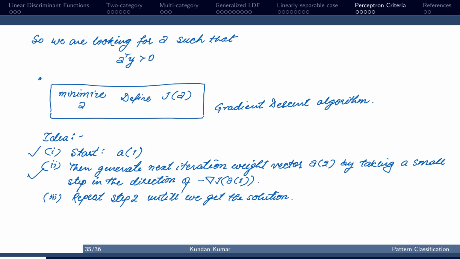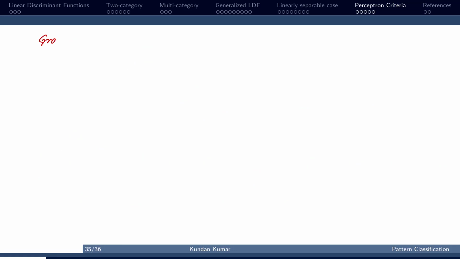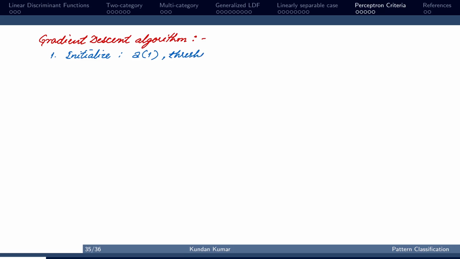Okay, but how will this weight vector be updated? So what is our gradient descent algorithm? We initialize a1, threshold theta, learning rate, that is called eta, and set k equal to 0.